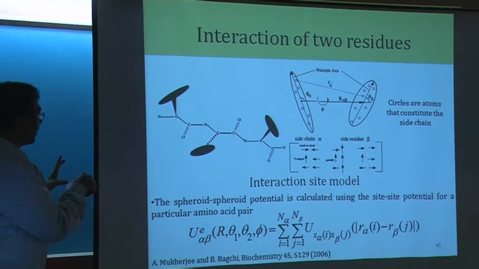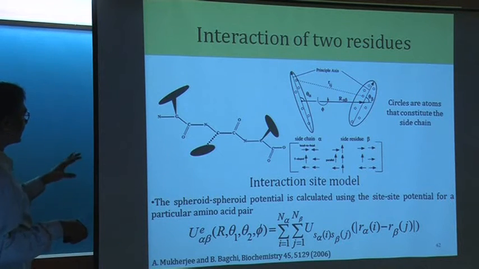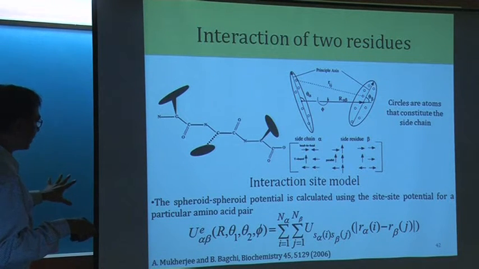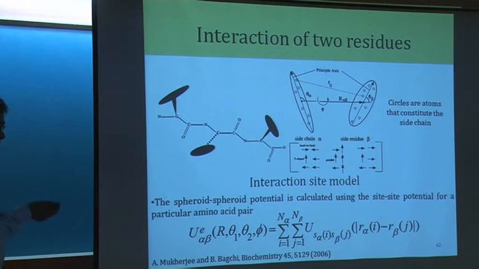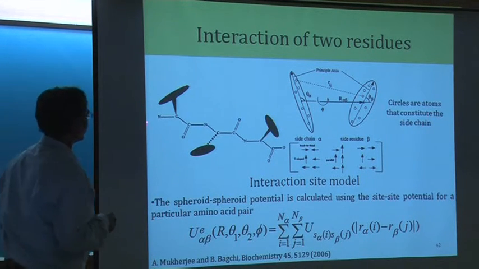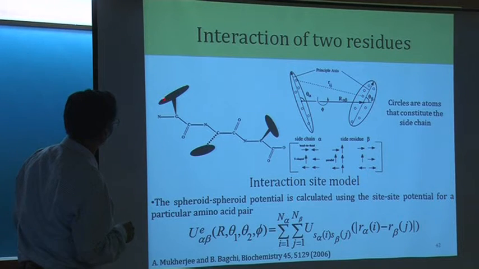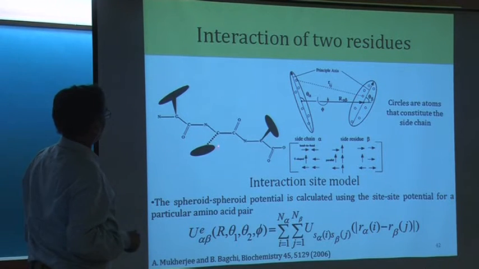So now we are doing a really realistic potential, much more realistic than any of those implicit models or the so-called Go model or the structure-based models, much better than them, but much more difficult. So here is the polypeptide chain, and the amino acids I now replace with ellipsoids, oblate or prolate.